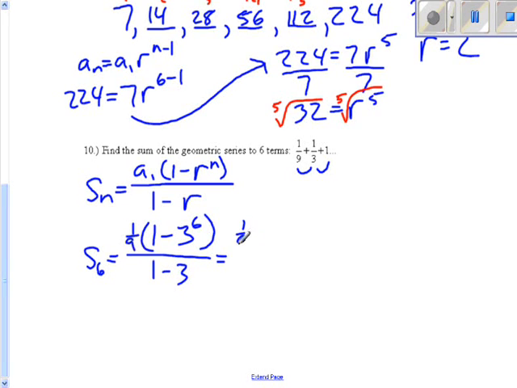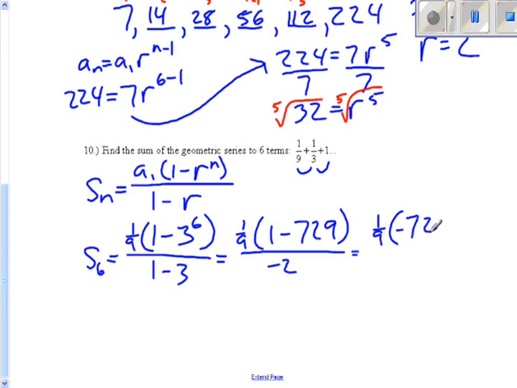So we have 1/9 times 1 minus 3 to the 6th power, which is 729, all over a negative 2. So that's 1/9 times a negative 728 all over a negative 2.